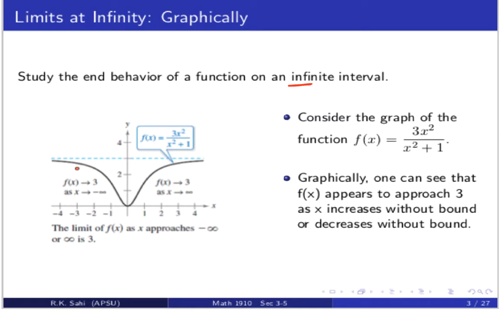Similarly, as x is decreasing, it is approaching 3, but it's never going to touch it or cross it. So this is like a horizontal barrier for it, like the orange cones we see on the highways, that means you cannot cross them. That's exactly like these little barriers we have. Okay, this was graphically. Let's look in terms of numerics.